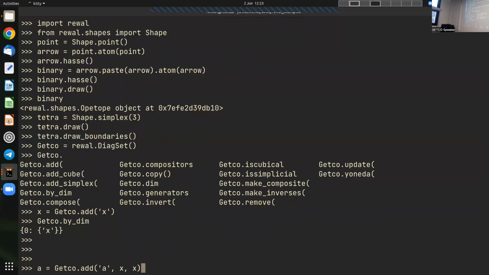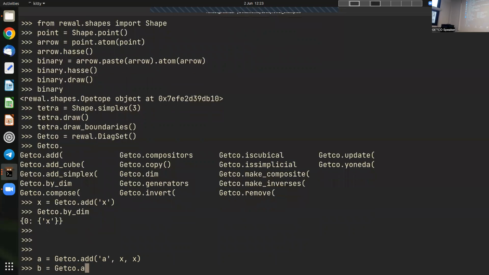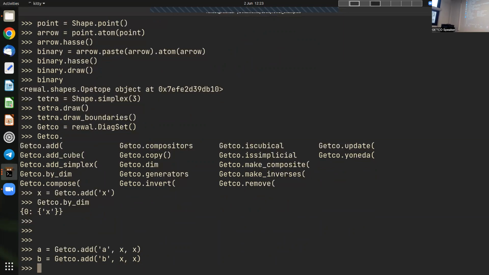I'm going to call them A and B. And then I'm going to add a two-dimensional cell P that goes from A followed by B to B followed by A.